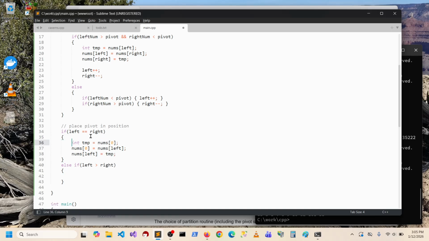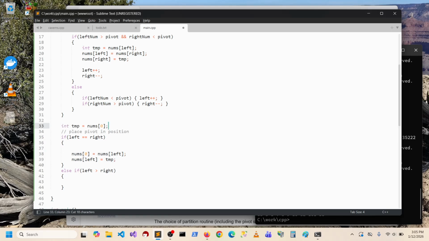But this, it's not all, well, yeah, because it's the pivot. So actually, we can take that out. Let's put it here. So then we just have that, but with right. Copy that. Like that.